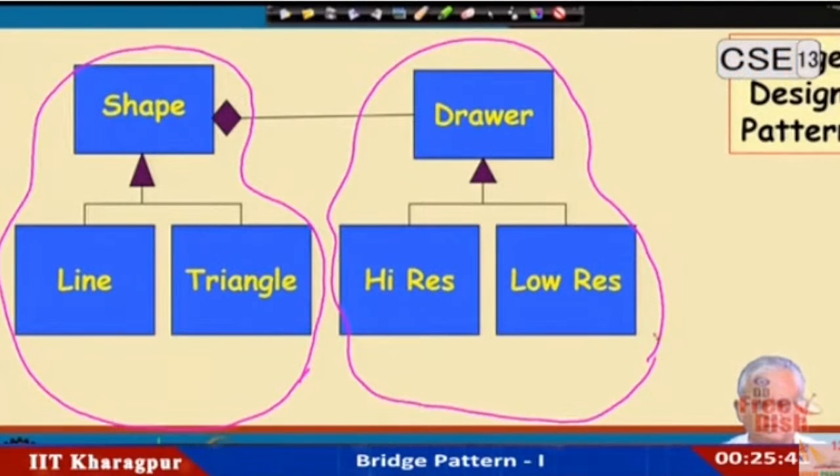And here it's more likely to change as new platforms become available, new applications become available and so on. We had said that the number of classes here, if we use the bridge pattern, is quite manageable and understandable. But if we don't use the bridge pattern, and just use a class hierarchy as it is, then the number of classes grows very rapidly.